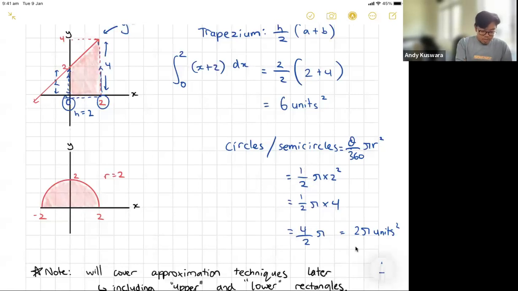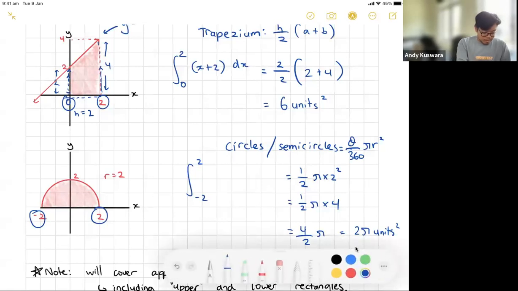Now, I'm going to show this to you just so we can start to get used to seeing what it looks like. For here, the area I'm trying to find is in between these 2 x values. So that means I'm integrating between -2 and 2. Now, the hard part here is, what is the equation of this graph?